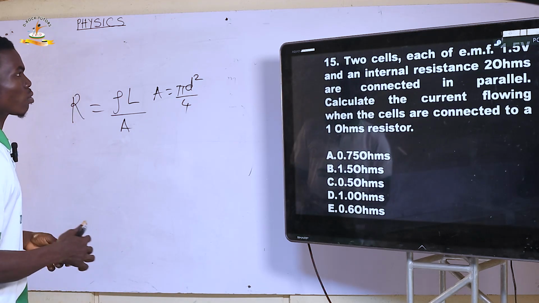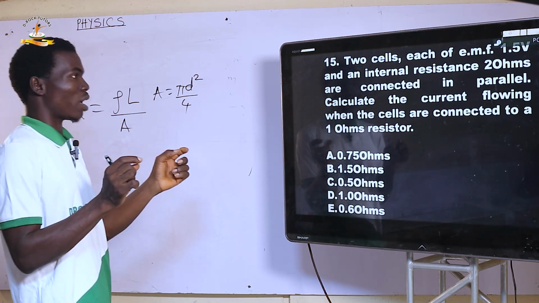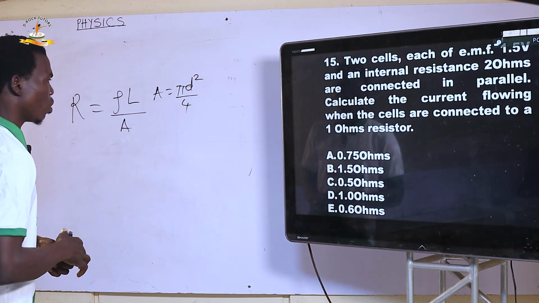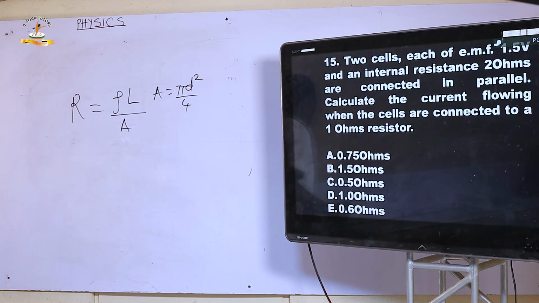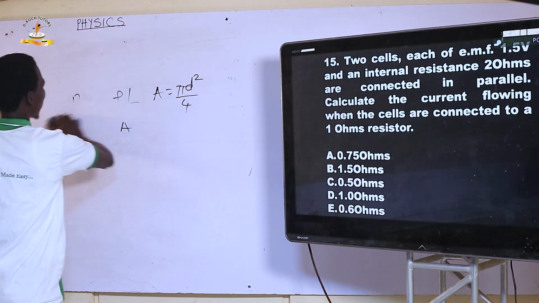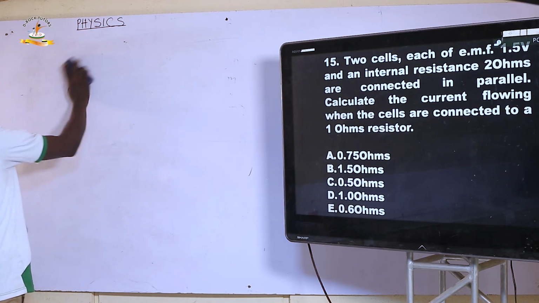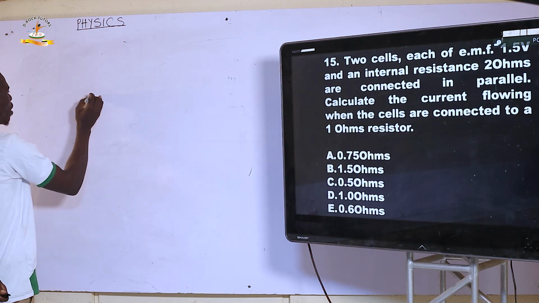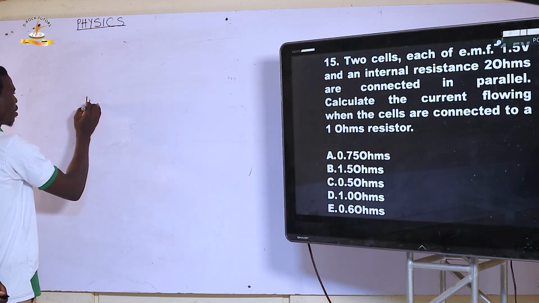So let's quickly look at how it works, since they are connected in parallel. Cells can be connected in parallel or in series. Cells connected in parallel look like this.